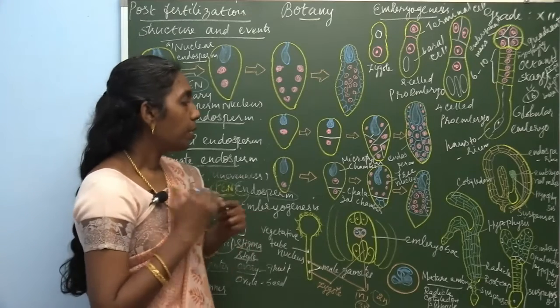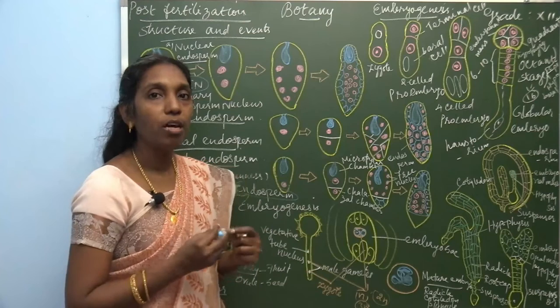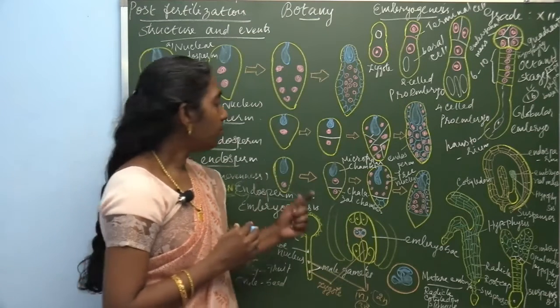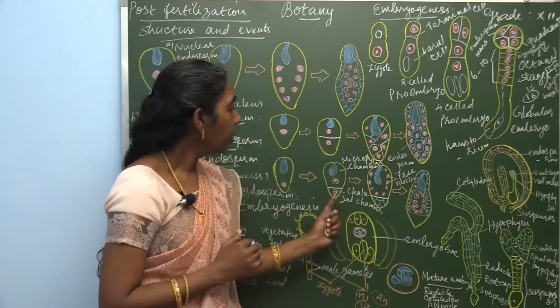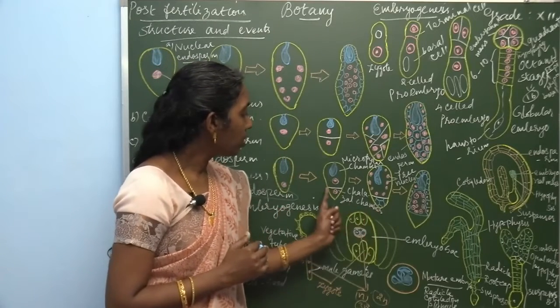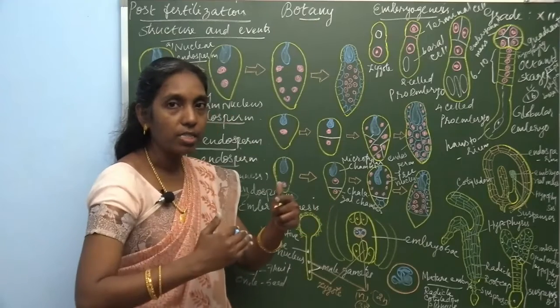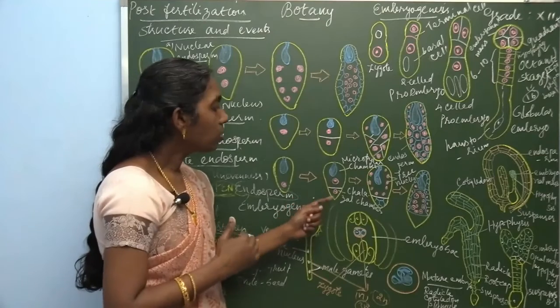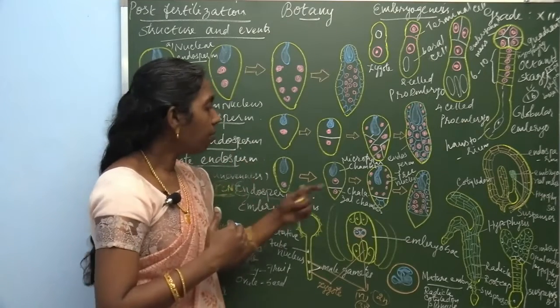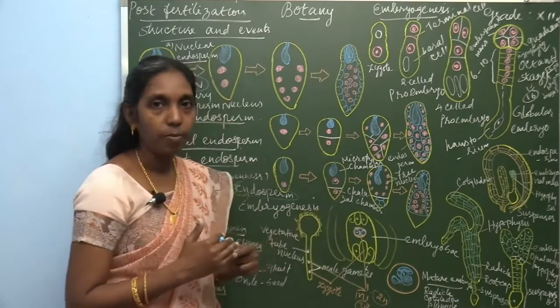Basically, haustoria develop from the helobial endosperm. When the primary endosperm nucleus divides, two different chambers develop, the micropylar chamber and the chalazal chamber.